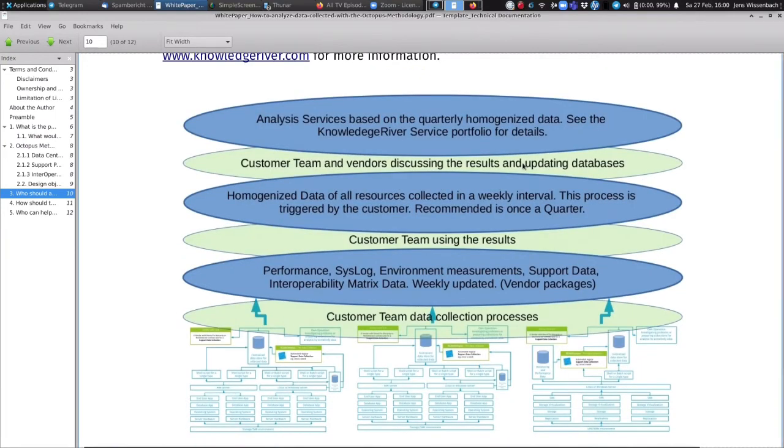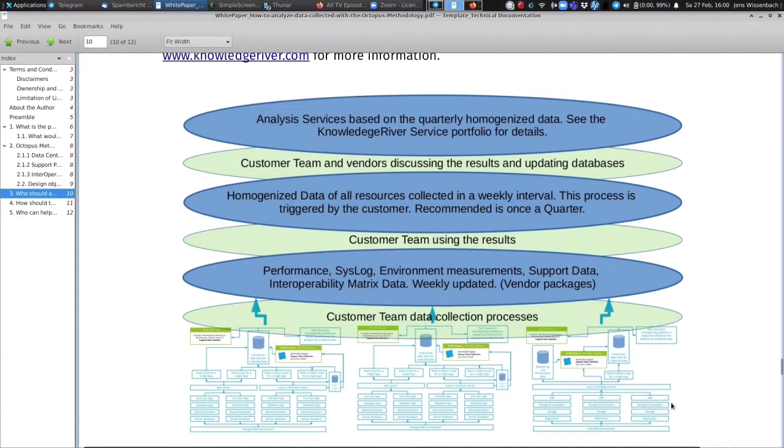The isolation and pre-processing of data is the key for faster analysis of an immediate problem and of eliminating the configuration issues that you have in your infrastructure before they become a problem.